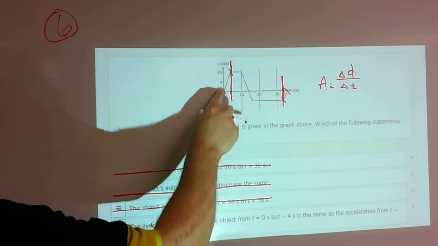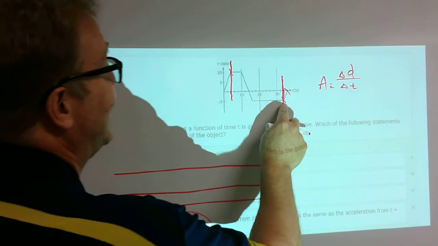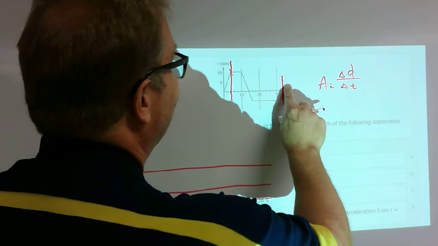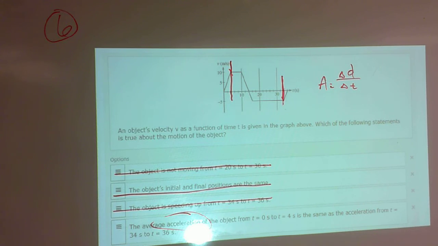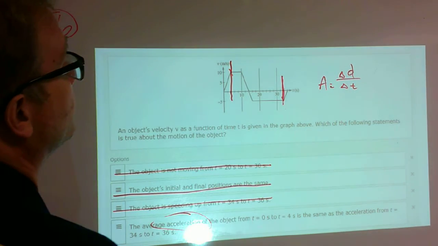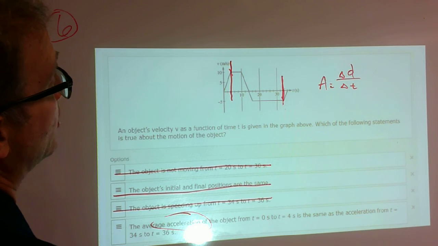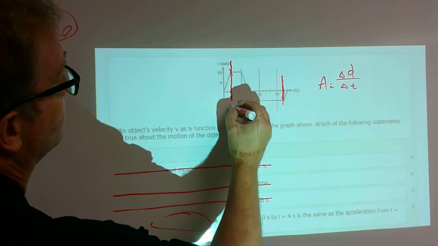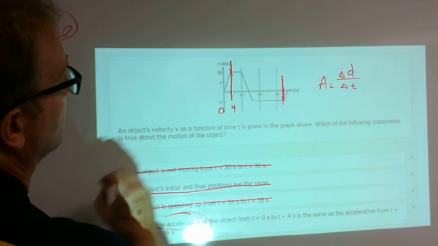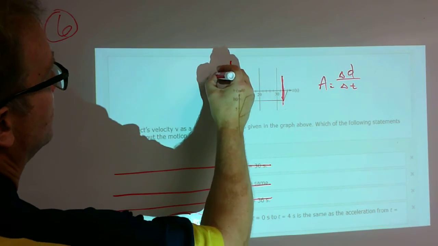Now I can just go ahead and use my numbers and do an area since I am doing a displacement. So my displacement on this first part going from here to here, well, it's going to be an area. So this is going to be 0 to 4, 0 to 10.